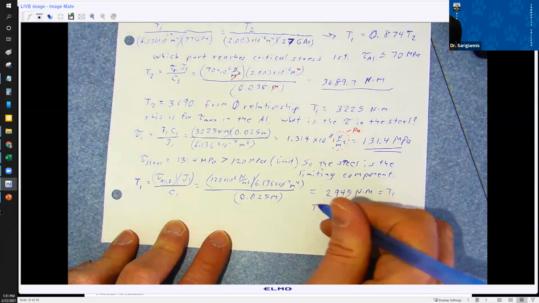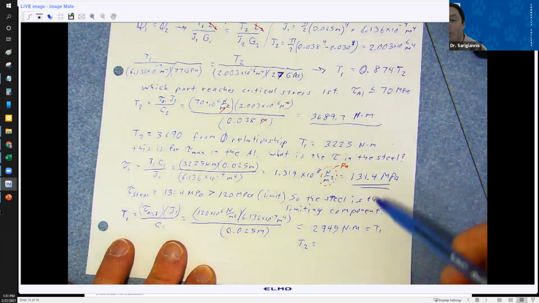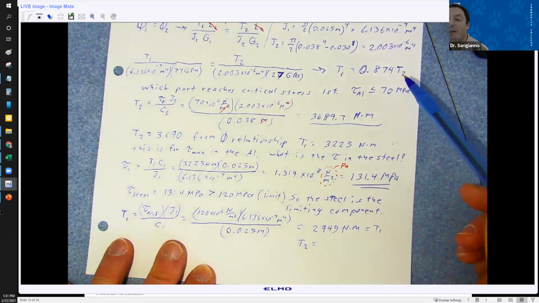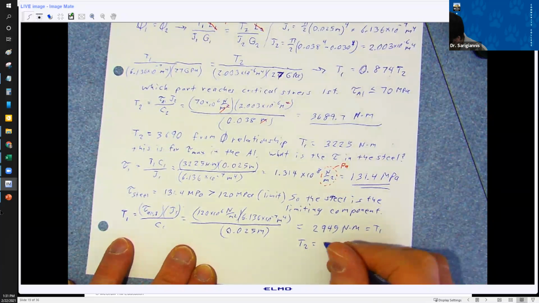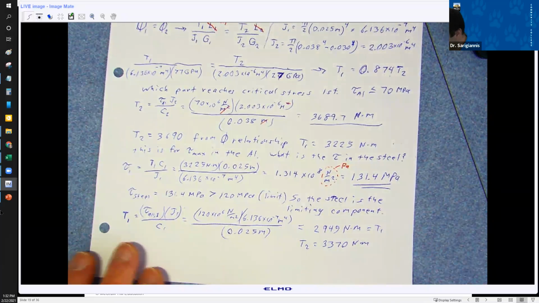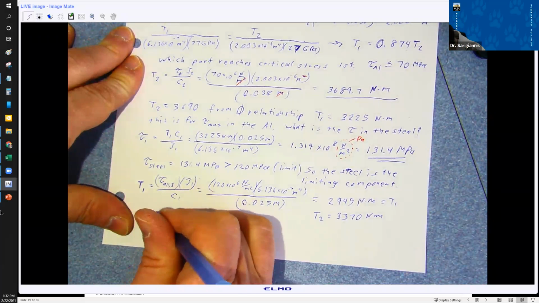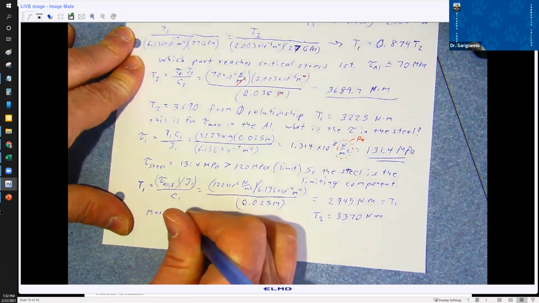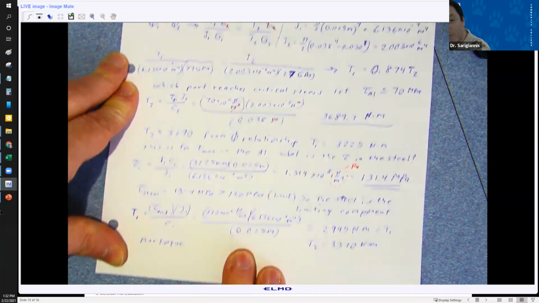So T2, right, T2 is just T1 divided by 0.874. So for T2, we're going to wind up with 3370 Newton meters. And I'm guessing I just rounded off to the nearest Newton meter in all these. So the max torque, ooh, I forgot to write the equation up here.